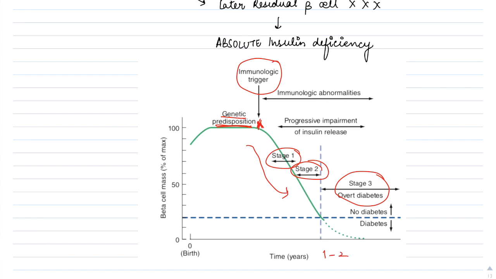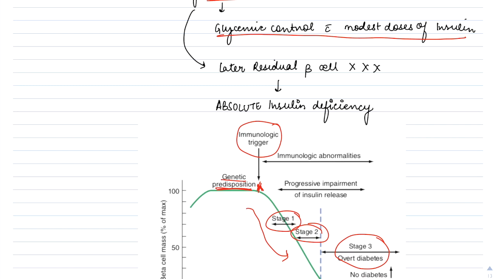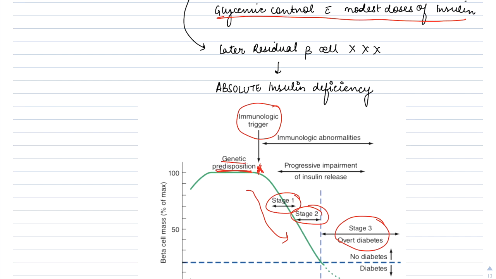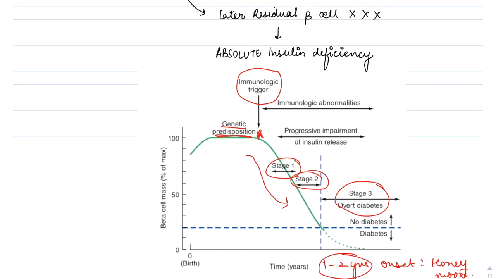The first 1 to 2 years of onset of diabetes is the honeymoon phase, when there are residual beta cells. The residual beta cells produce some amount of insulin which is sufficient to maintain euglycemia, and therefore they require modest doses of insulin, or do not require insulin at all. But after 1 to 2 years, these residual beta cells also get destroyed, and there is an absolute insulin deficiency.